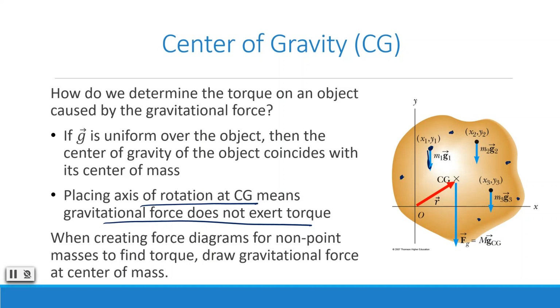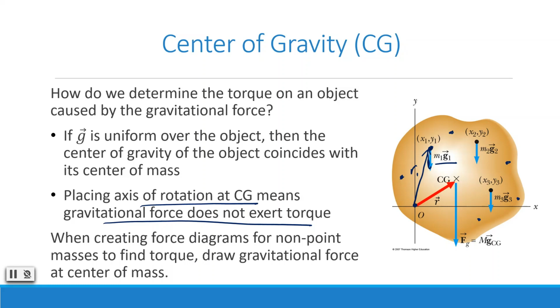If you have some axis of rotation, then each of those gravitational forces has its own lever arm, its own force, and therefore a torque based on the angle that it's at.